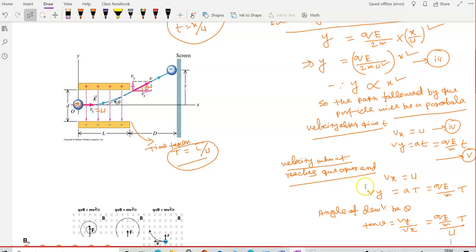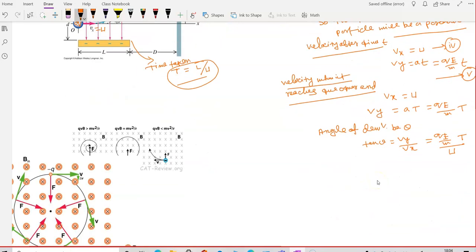This value of T, all of you know, is L by u. So theta is going to be tan inverse of QE by M u, into L by u. So on passing through this, the angle of divergence becomes QEL by M u squared.